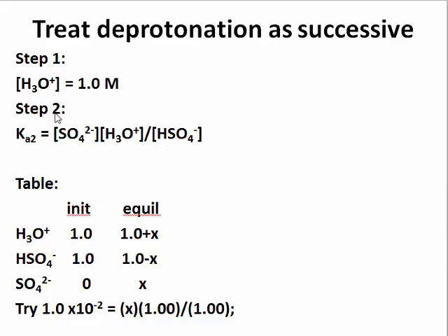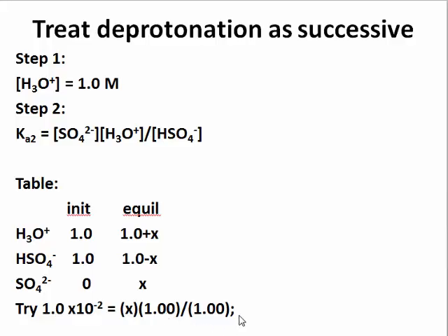Step 2 is then the dissociation of the bisulfate. If we treat the bisulfate or hydrogen sulfate concentration as 1, and hydronium ion concentration is 1, this is the appearance of our ice table. We assume no sulfate concentration initially.